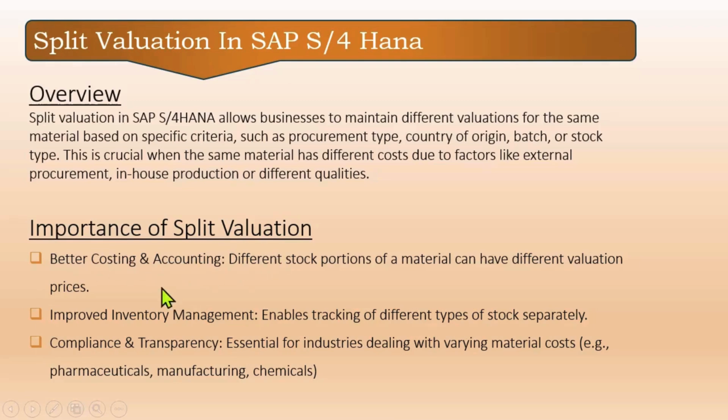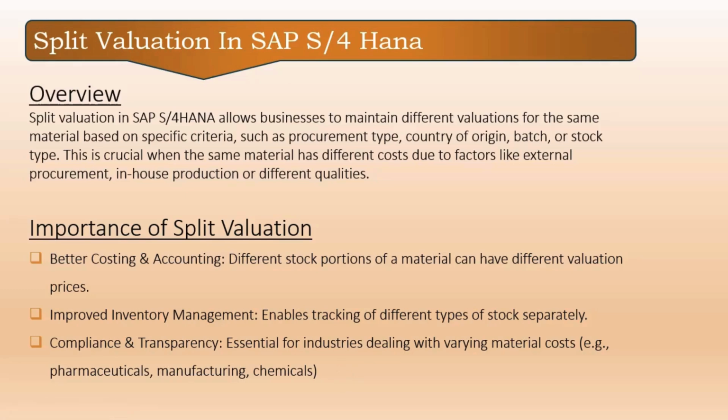Importance of split valuation: better costing and accounting. Different stock portions of a material can have different valuation prices. Improved inventory management enables tracking of different types of stock separately. Compliance and transparency are essential for industries dealing with varying material cost. Example: pharmaceuticals, manufacturing, chemicals. These industries maintain different prices based upon the grading of the material.